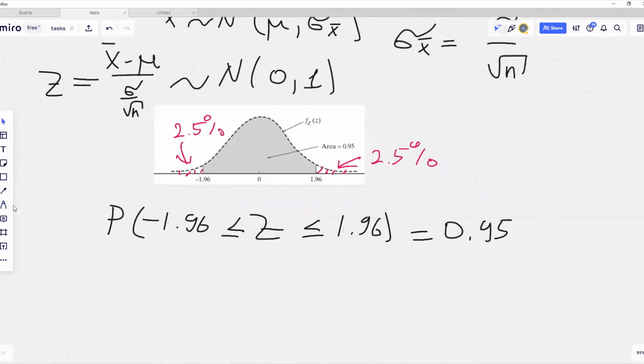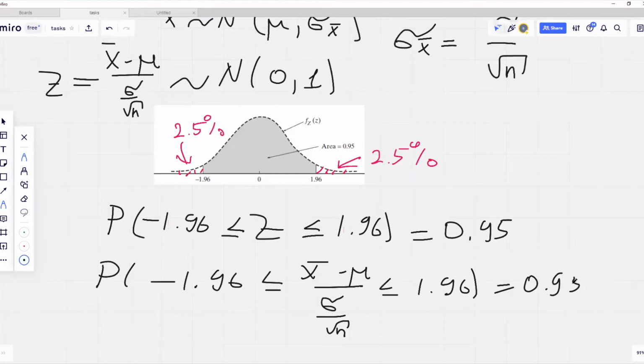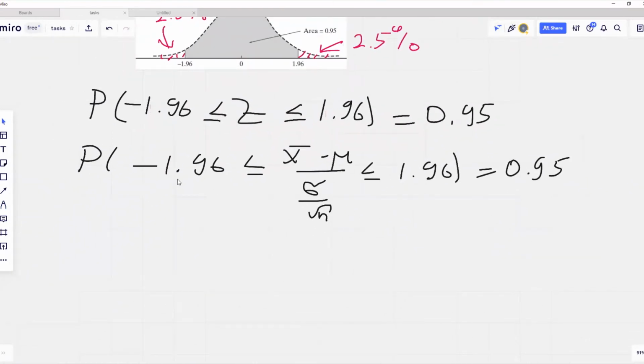All right, now here we can express this as the following probability. Just substituting our expression instead of z here, we get the following. Now, doing some algebra, let's multiply all sides by sigma over root of n, which is always positive, so it will not change the signs of our inequality.